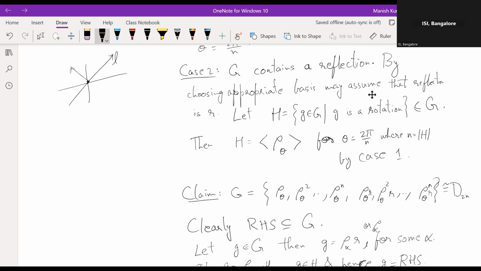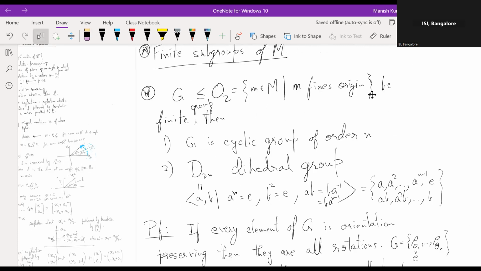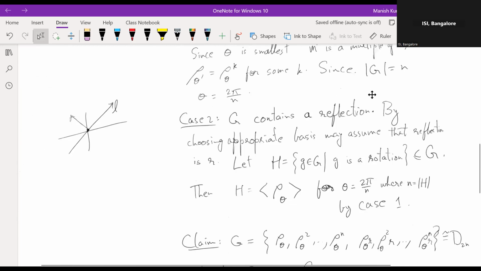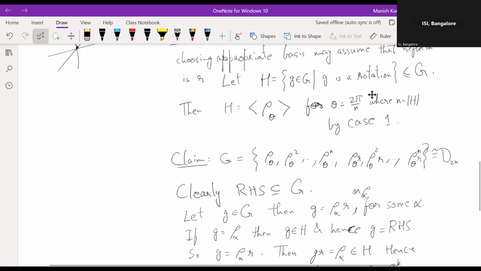So take any element of G. G is a subgroup of O2, so it's either a rotation or a reflection, or a rotation followed by a reflection, or a reflection followed by a rotation. There is no translation. So what we know is that any element of G is either rho alpha R or rho alpha for some angle alpha.